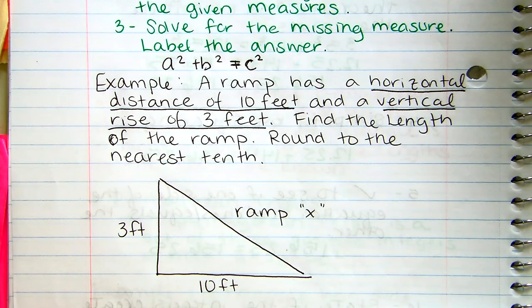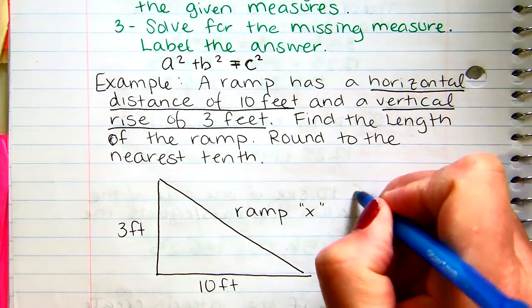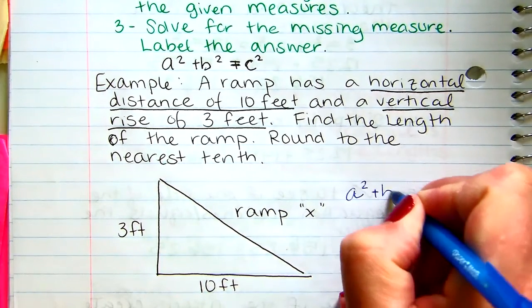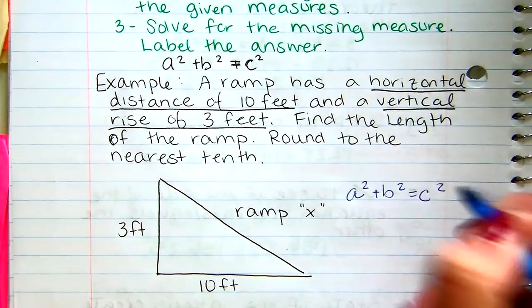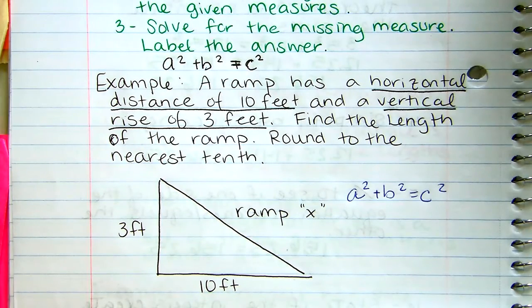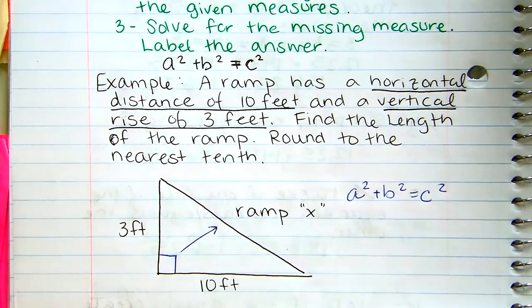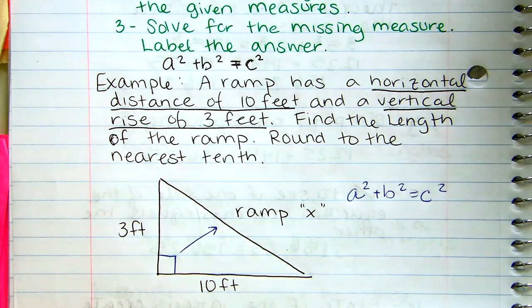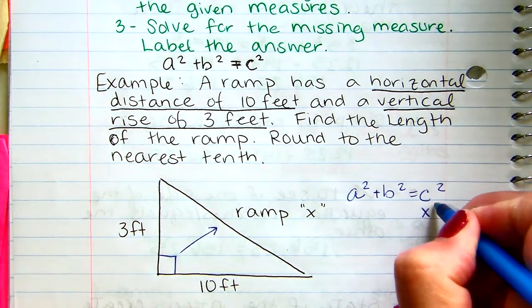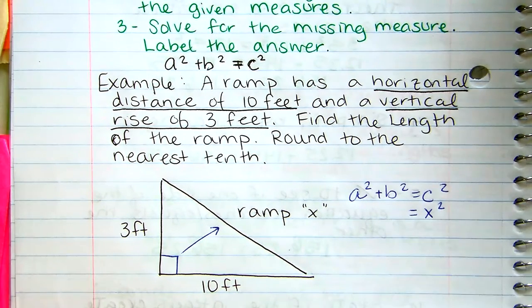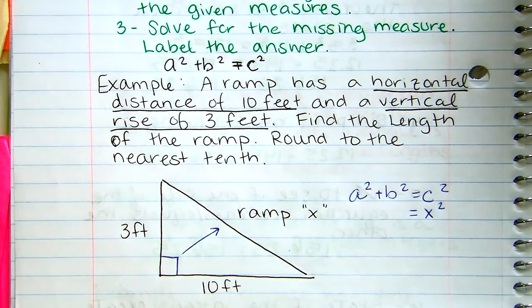So here we go. Once again, we're going to be using the Pythagorean Theorem to solve this. So I have a squared plus b squared equals c squared. The ramp, that is always opposite of our right angle. So our ramp is x. So I'm going to plug x in the space for c. Now that's going to leave me with the legs, which are a and b.